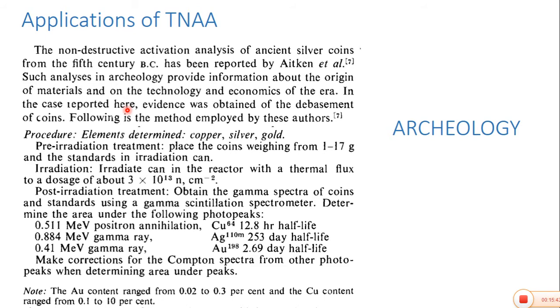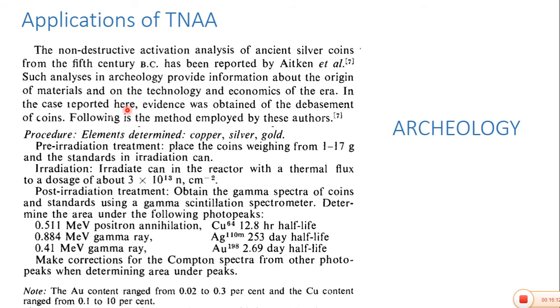In post-irradiation treatment, obtain the gamma spectra of the coin and standard using a gamma scintillation spectrometer. Determine the area under the following photopeaks. In post-irradiation treatment, there are two main sections. One is that if you would like to separate the material you want to determine, you have to chemically separate it.